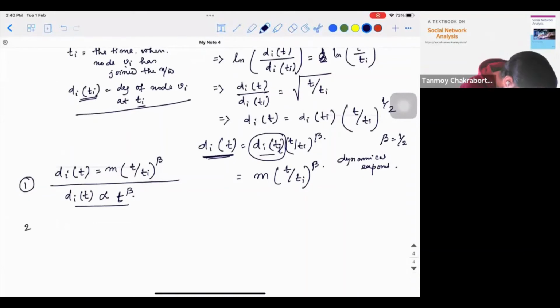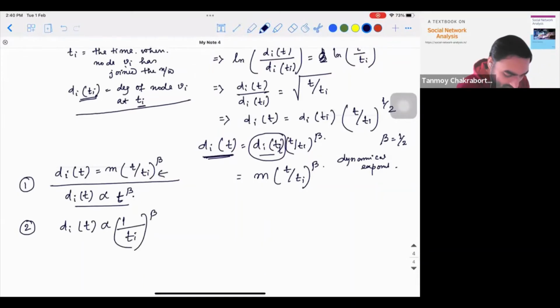The second conclusion is that di(t) is inversely proportional to ti, right? From here, inversely proportional to ti. What does it mean? What is ti? ti is the time of joining of the node.